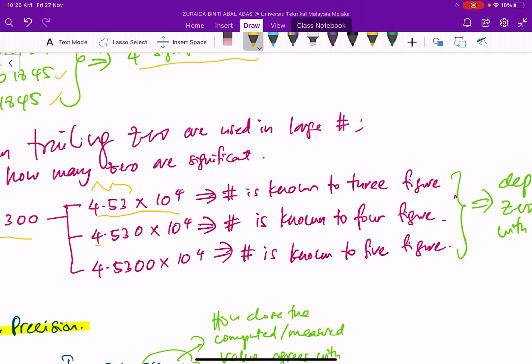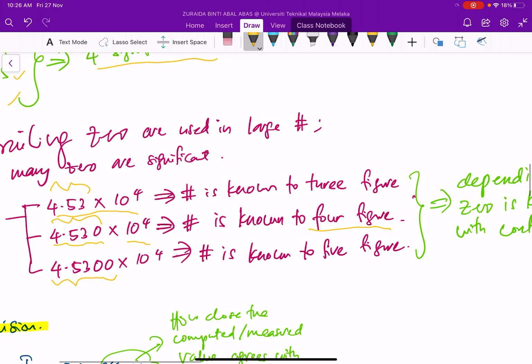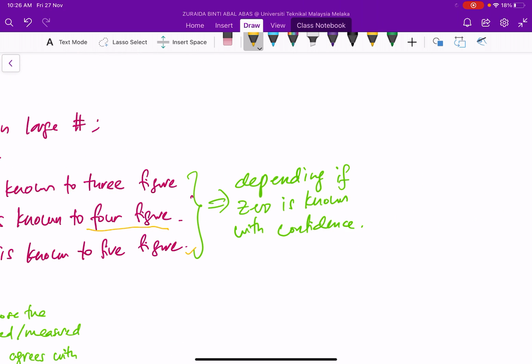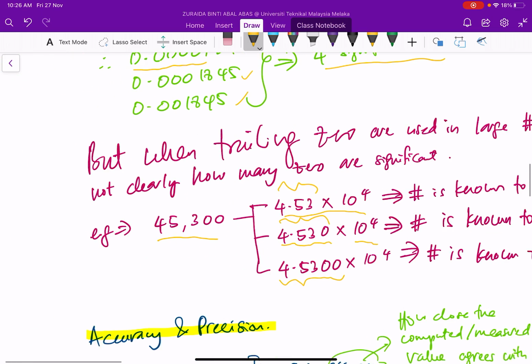If we have 4.530 times 10 to the power of 4, this is known to 4 digits because we are representing 4 digits. And this one is 5 digits that we represent, known to 5 figures, so it's going to be 5 significant digits. So it depends on whether zero is known with confidence.